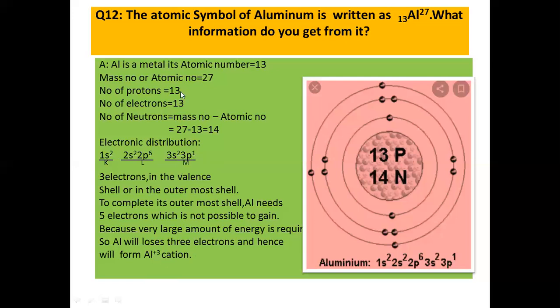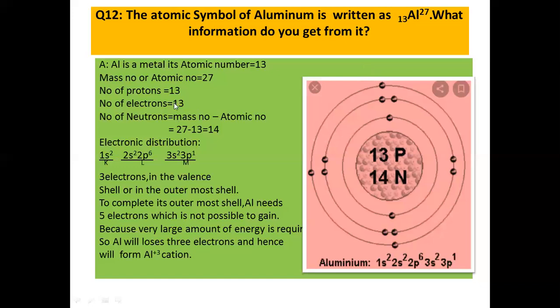So all this information means the number of protons, electrons, neutrons, then electron distribution, Bohr model, and then which type of ion it will form. All this information we can get from this symbol along with atomic number and mass number.